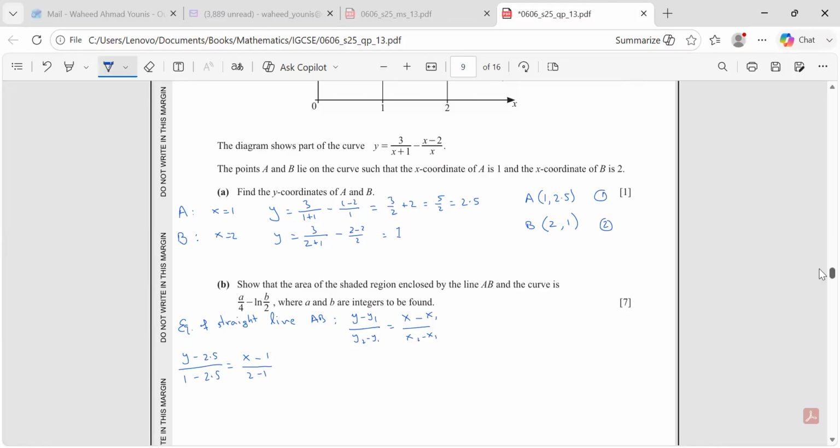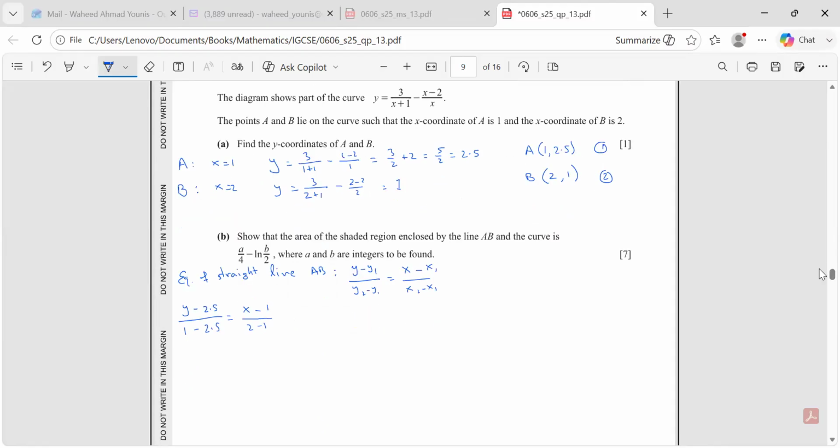Okay, I hope this is clear. Okay, from here, y minus 2.5 over 1 minus 2.5, which is minus 1.5, equals x minus 1 over 2 minus 1, which is 1. We are all set here.